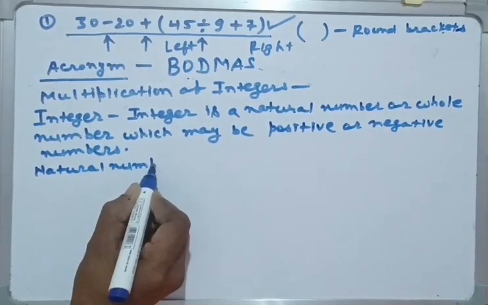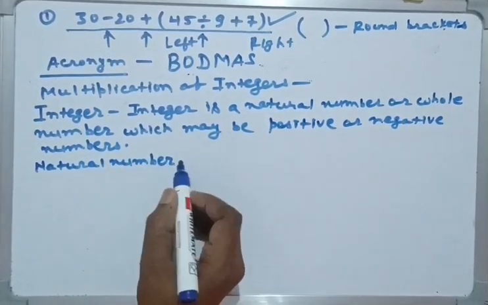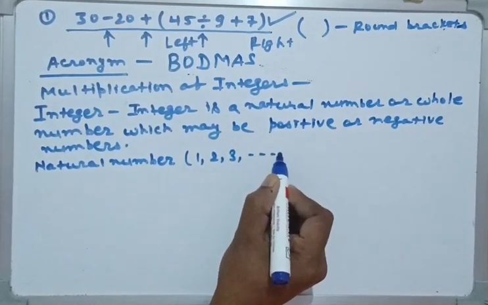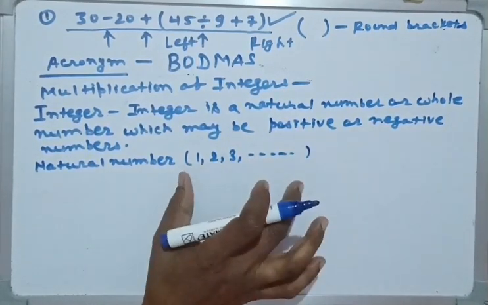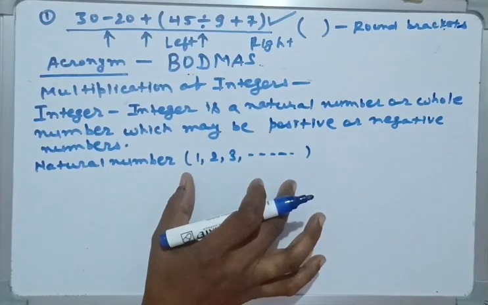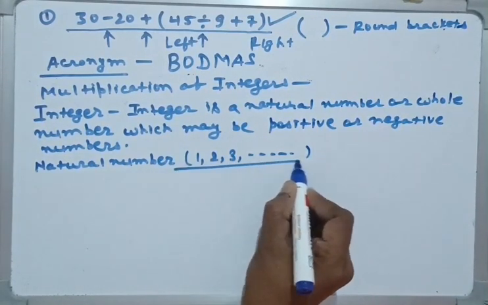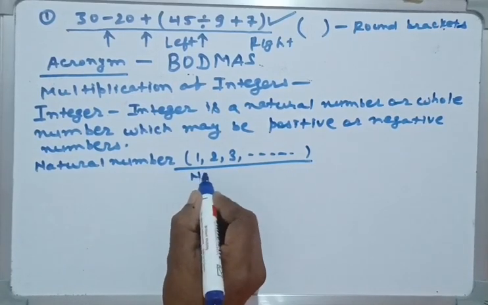Okay, so 1, 2, 3 and so on are known as natural numbers.